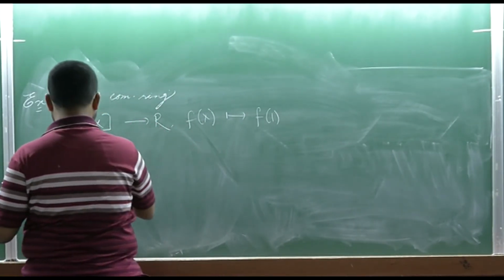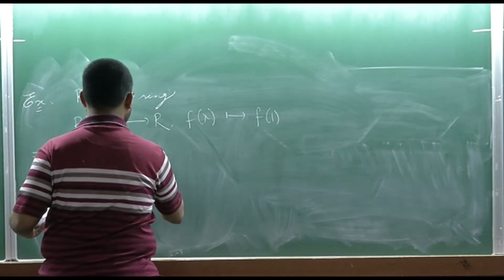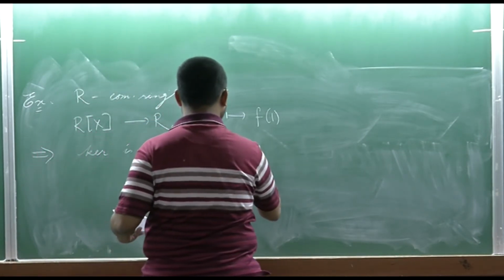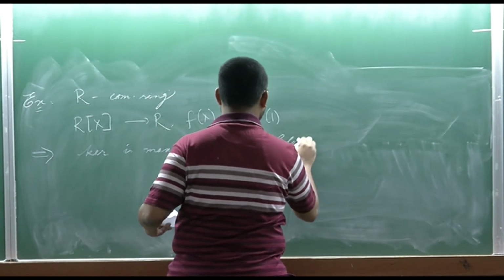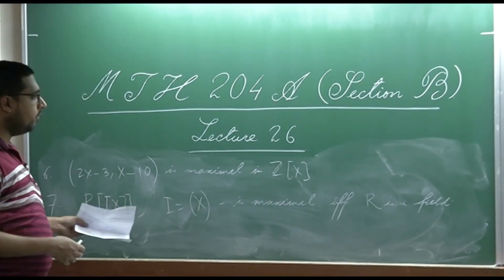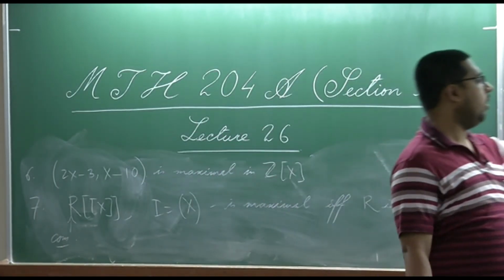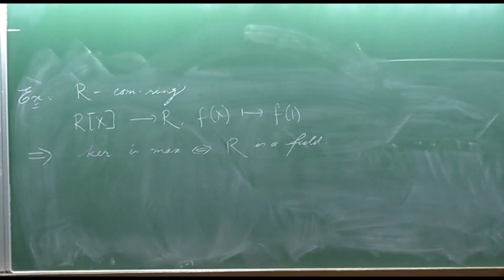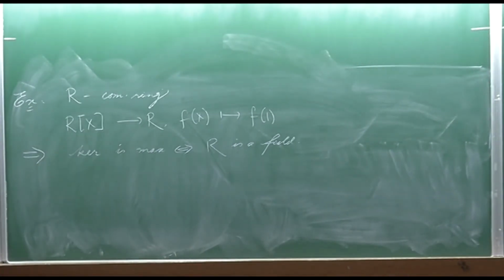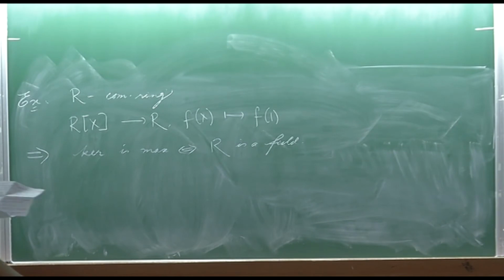Now prove that the kernel is maximal if and only if R is a field. So, if R is a field, then we know this ideal is going to be maximal, and then the kernel of this evaluation is going to be maximal. That shows, starting with a commutative ring, how to cook up some maximal ideals of the power series ring or the ring of polynomials.